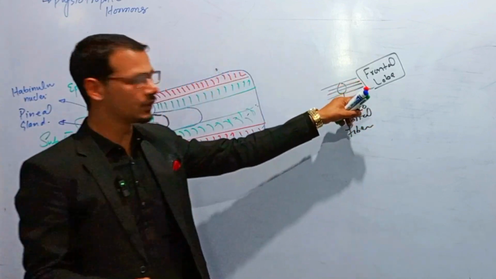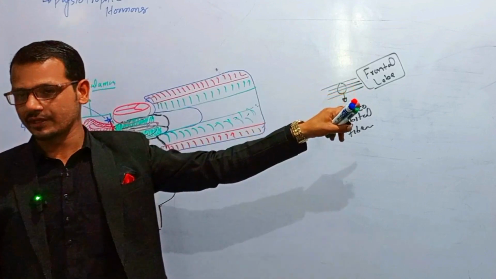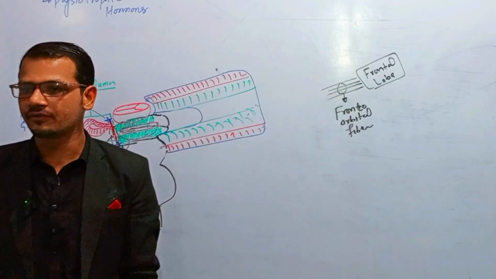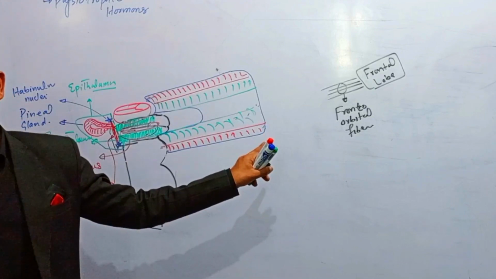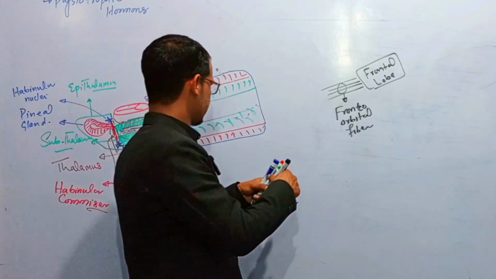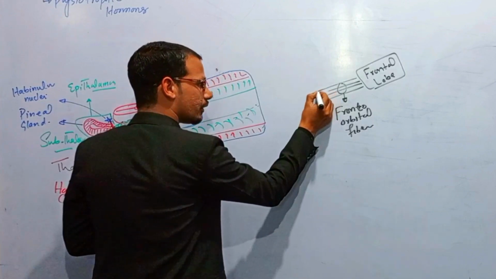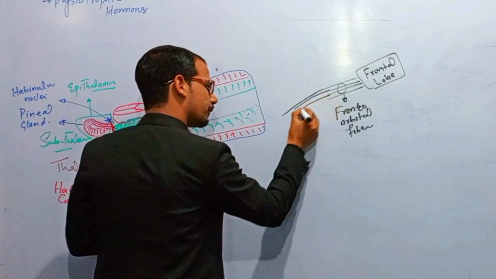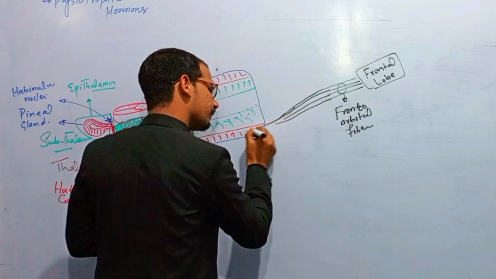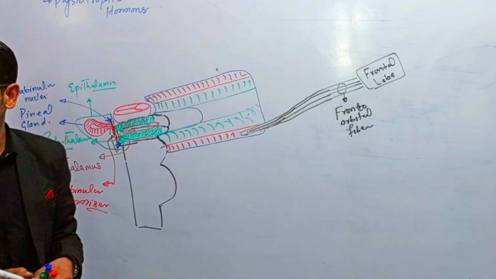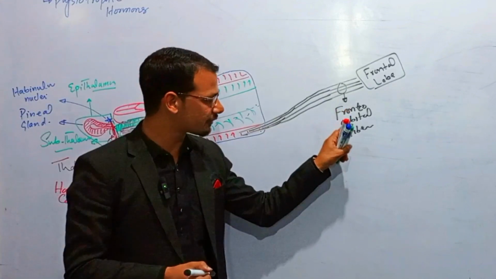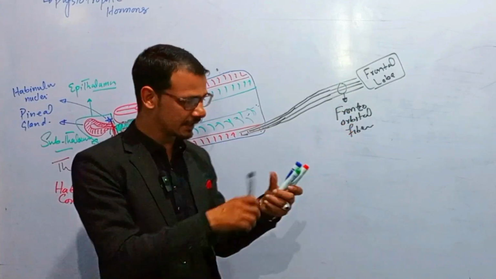These fibers are called fronto-orbital fibers. Fronto-orbital because it is entering into the orbital area of this hypothalamus. We will talk about it in just a few seconds. So these fibers are entering into the lateral side of this hypothalamus, and these fibers are called the fronto-orbital fibers.